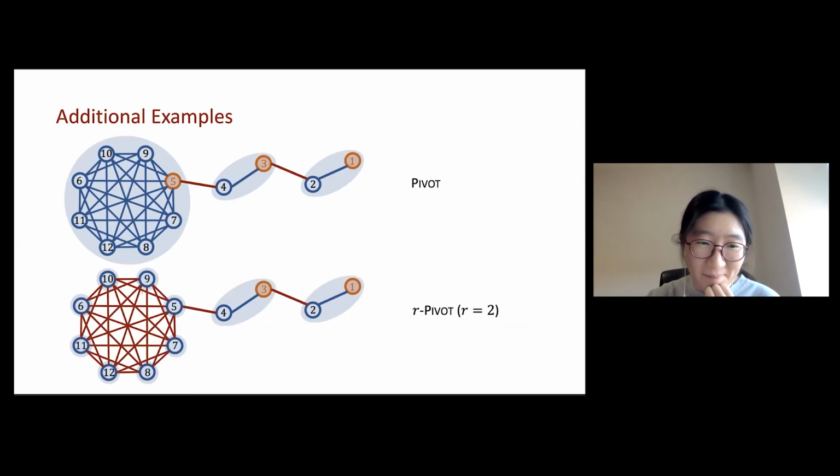This means that all the vertices in this large clique will be singletons in the output of R-pivot. We might be worried that this looks problematic, because we are now paying for every edge inside this large clique. But this is actually okay, because this event happens with low probability. So on average, we're still good.